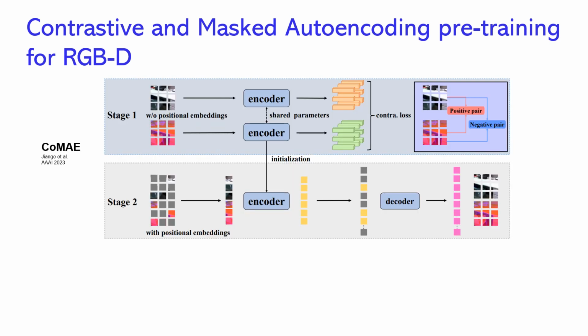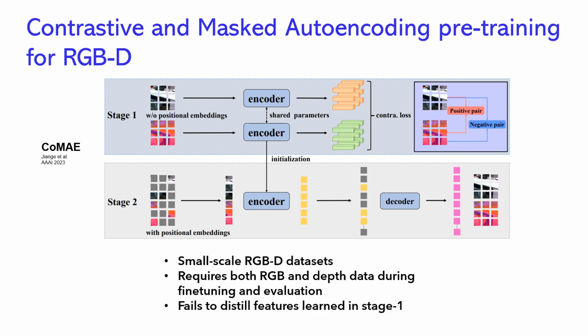We believe contrastive learning and masked autoencoders can be complementary to each other, as both provide unique data representations by extracting different discriminative features. However, it is not straightforward to combine them naively in a single framework. Recently, CoMAE proposed a single-model self-supervised hybrid pre-training framework for small-scale RGB-D datasets.